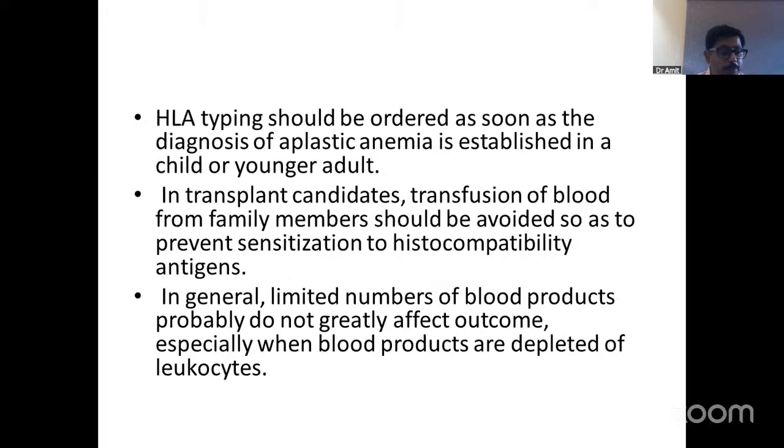HLA typing should be ordered as soon as the diagnosis of aplastic anemia is established in a young child or adult. In transplant candidates, transfusion of blood from family members should be avoided so as to prevent sensitization to the histocompatibility antigens. In general, a limited number of blood products does not greatly affect outcome, especially when blood products are depleted of leukocytes. You remove the leukocytes from the blood products and then transfuse.